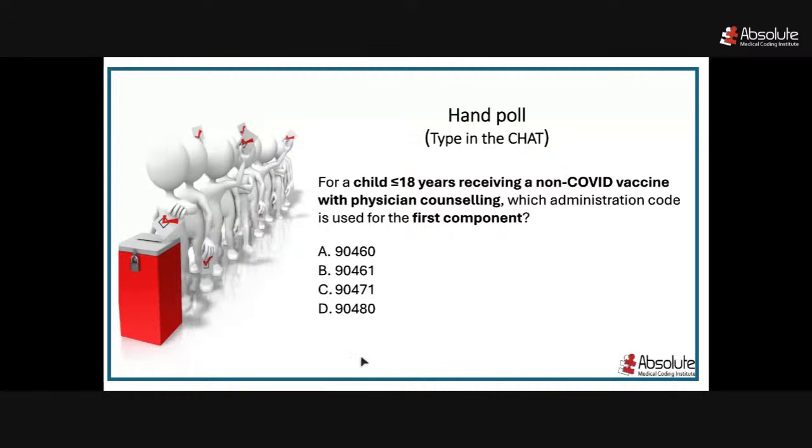So I got another one. For children whose age is equal to or younger than 18 years old receiving a non-COVID vaccine with physician counseling, which administration code should be used for the first component? Okay, that is easy.